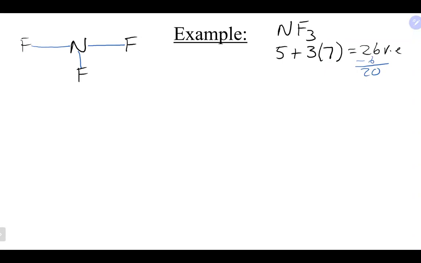Those electrons are going to go on the outside atoms in pairs. So that is 2, 4, 6, 8, 10, 12, and that one is filled because it now has 8 around it. That is 14, 16, and 18. And that guy is filled as well.